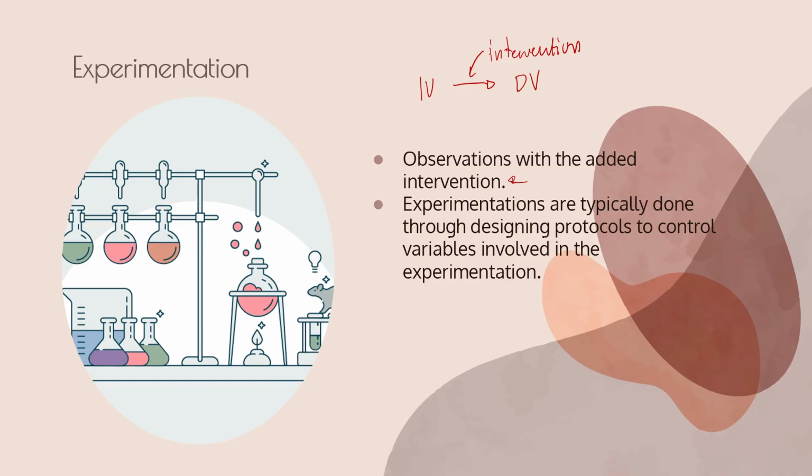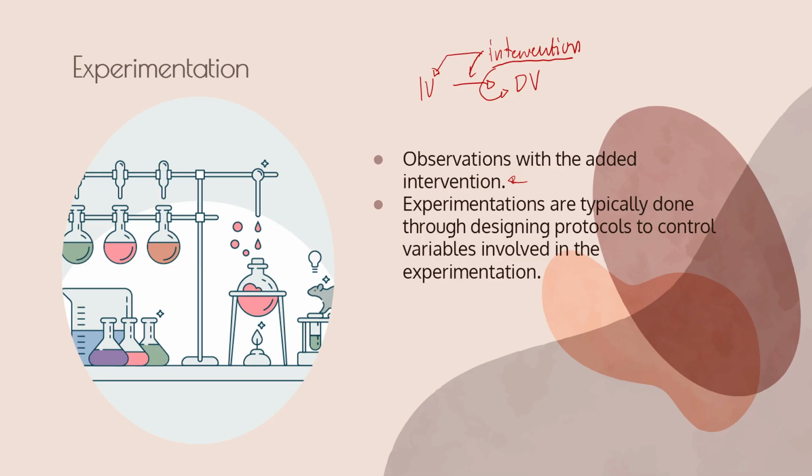Intervention. Okay, so what we're trying to do is measure how our intervention affects our dependent variable. Okay, and typically our intervention would go between our independent variable and our dependent variable, but sometimes our intervention can be the independent variable itself.